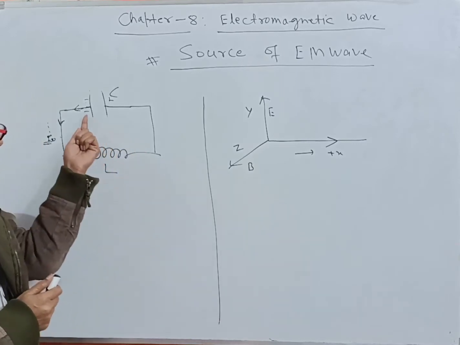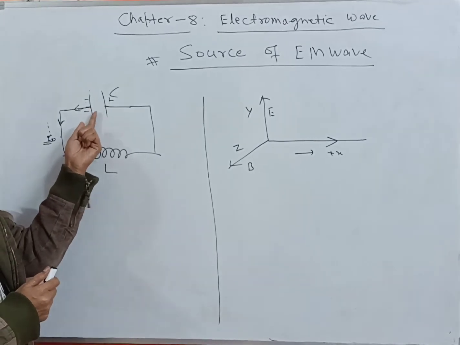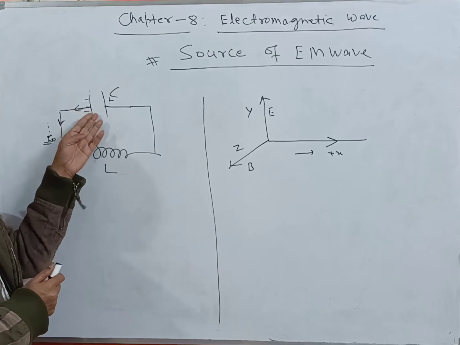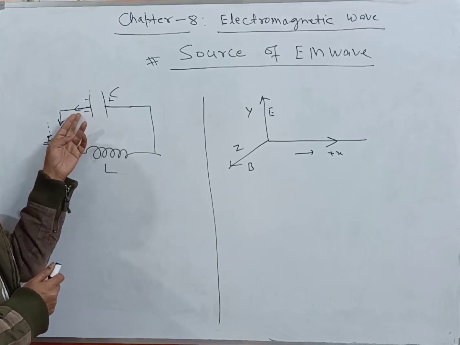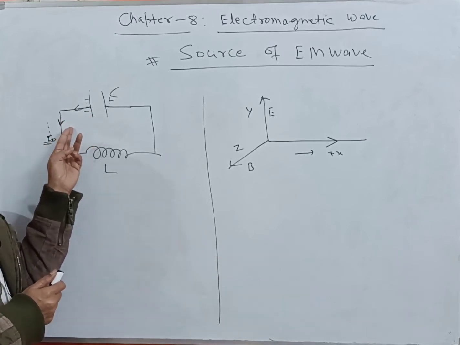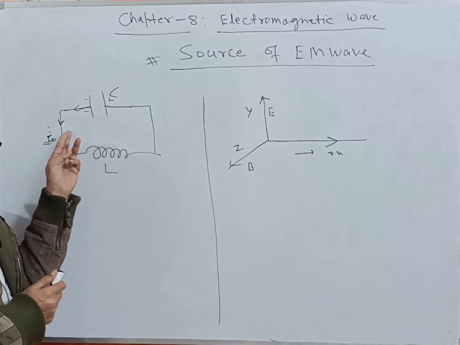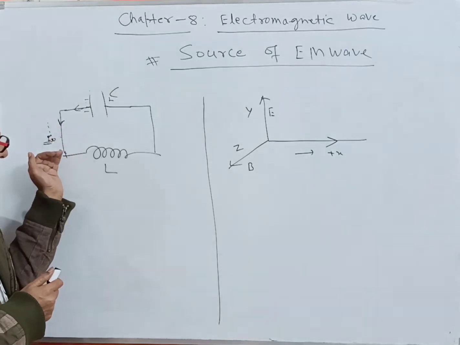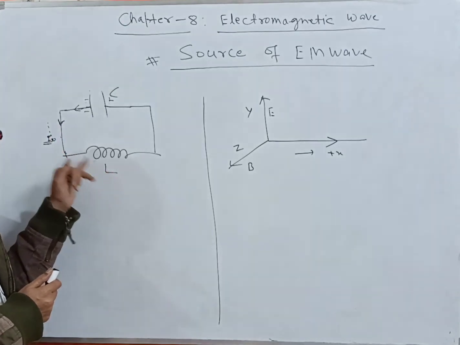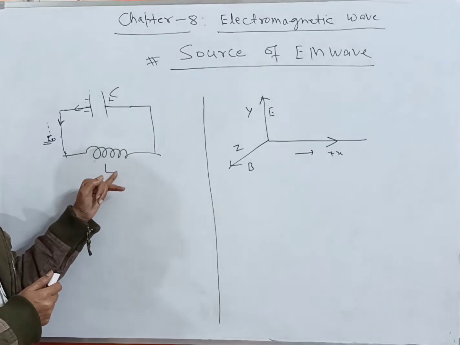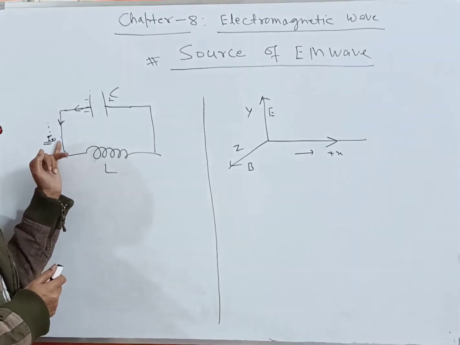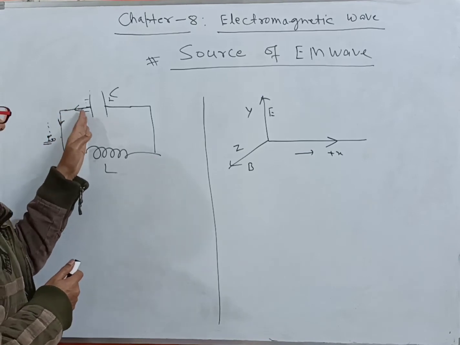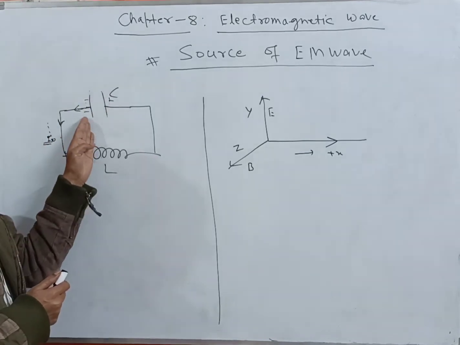Gradually, when the capacitor gets discharged, current grows, and a time comes when current becomes maximum. And again it stops its growth because of the property of inductor. Again it slowly decreases, and again it returns back, and the capacitor is oppositely charged again.